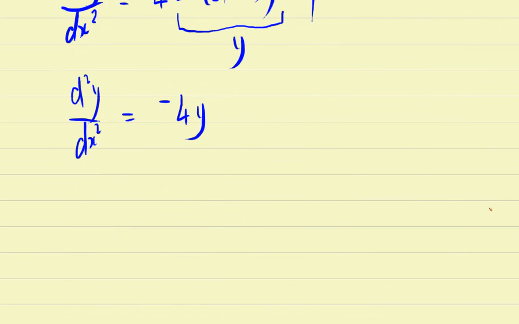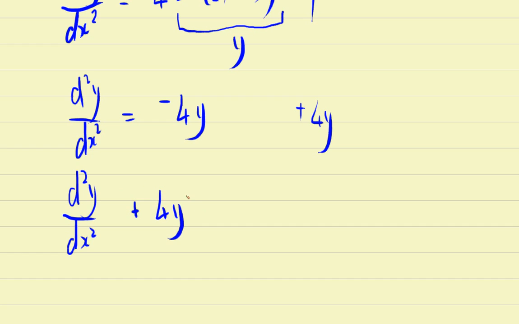Just bringing the 4 over to this side, if I add 4y to this side, that would end up adding 4y to that side, so I haven't really changed anything. This side just ends up being 0. So I've added 4y to both sides, and the second derivative plus 4y is equal to 0.